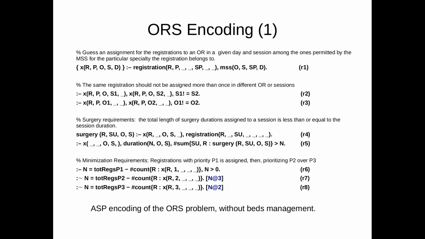It should not be allowed. Assign all of them. So it's an integrity constraint, a strong constraint that must be taken into account. And then we have weak constraints for P2s or P3s. That if the space is there, assign P2s and then P3s for that particular registration.